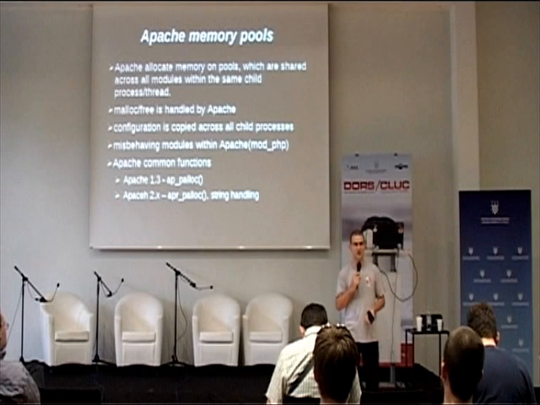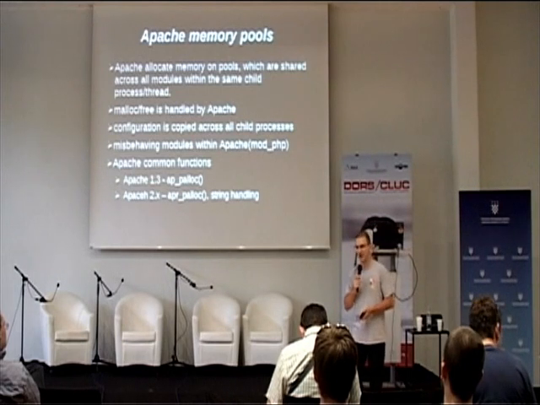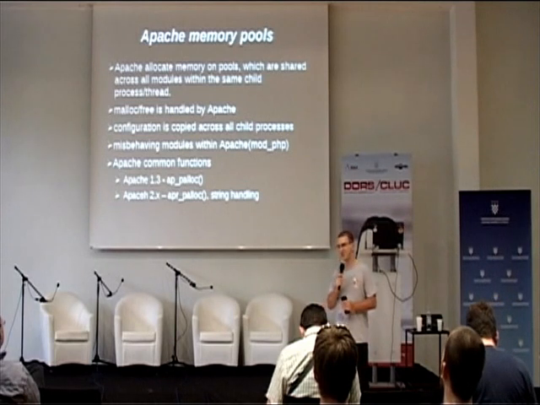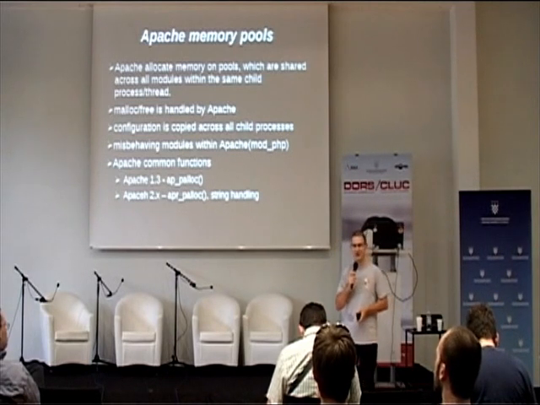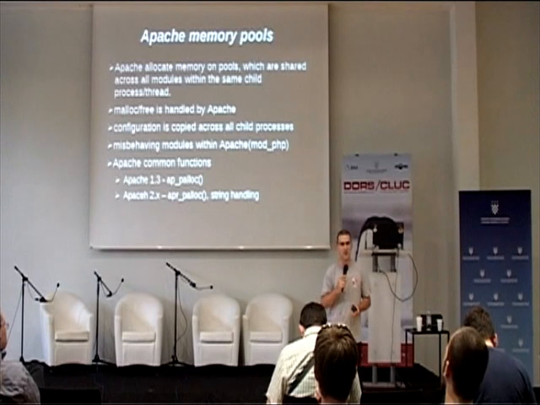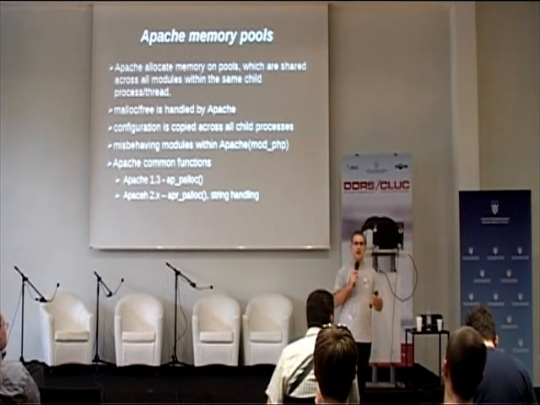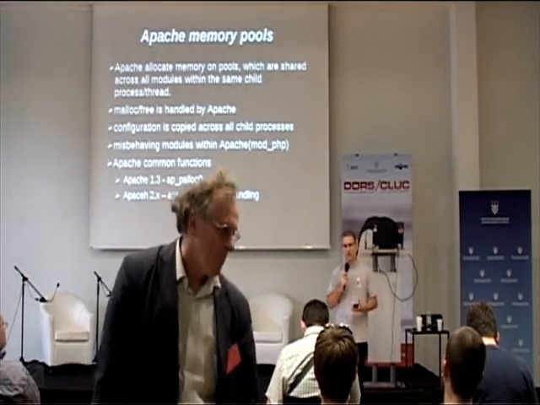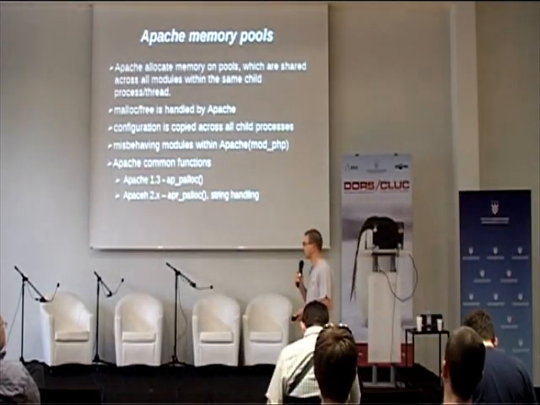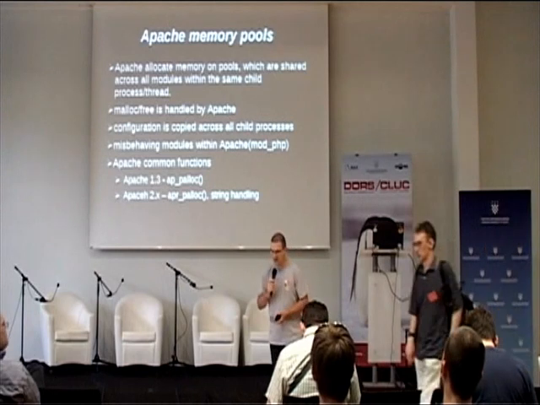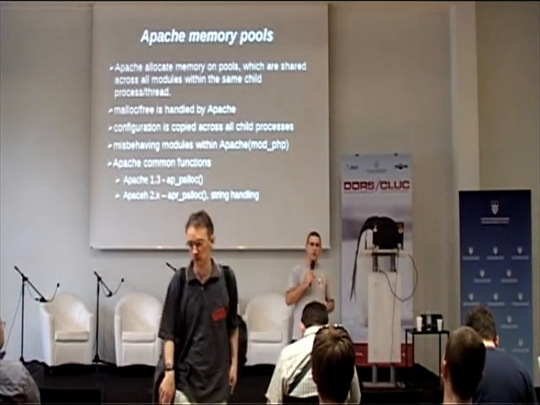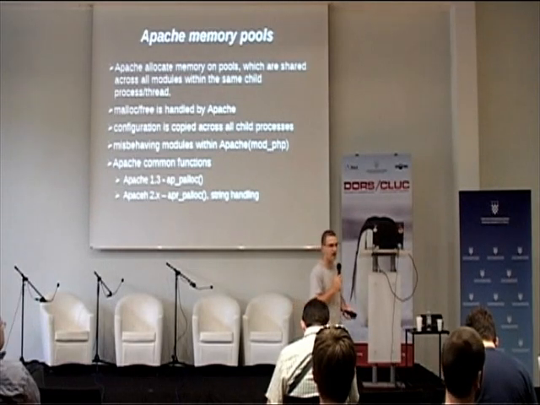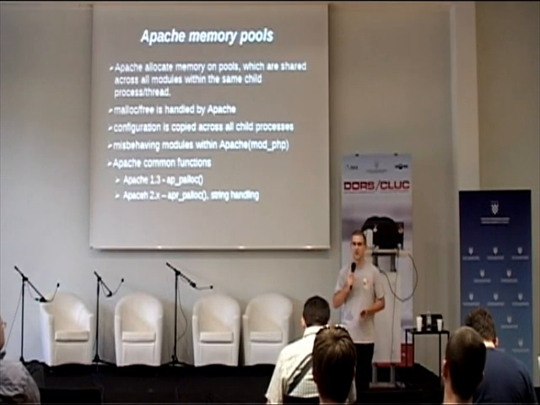And for you, this means that you don't know how to allocate and free the memory without actually having issues with the memory. So Apache creates a memory pool that is allocated for all modules within Apache, within its child process and its master process. And at this memory pool, your module requests memory. So you don't have malloc and free functions.